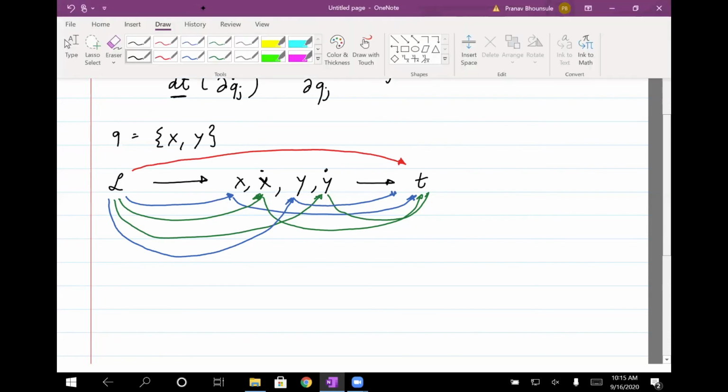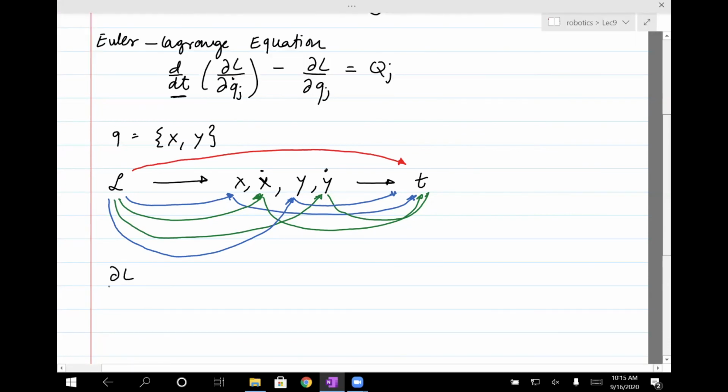So those are essentially, if you want to write dL dq dot, that's simply going to be diff of L with respect to q dot. And q dot is in this case either x dot or y dot. So that's easy. The second part, dL dq, is diff L with respect to q.